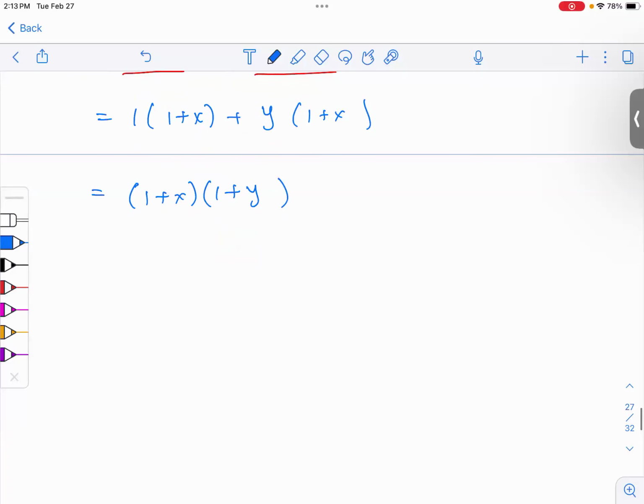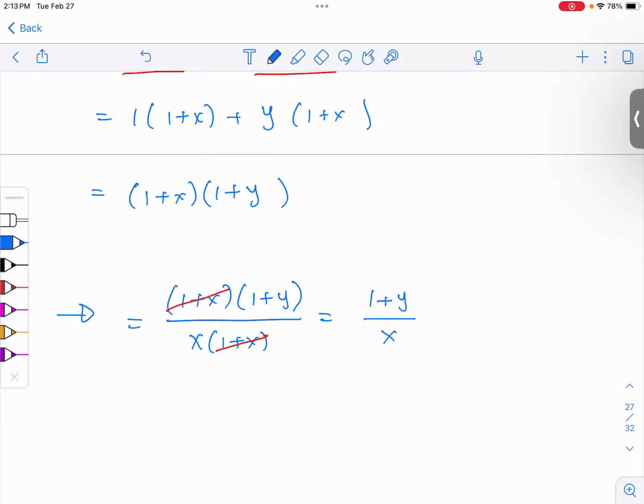All right, so back to what we had. So that leaves 1 plus x all over 1 plus y, divided by x times 1 plus x. The 1 plus x's cancel. That gives me 1 plus y all over x.